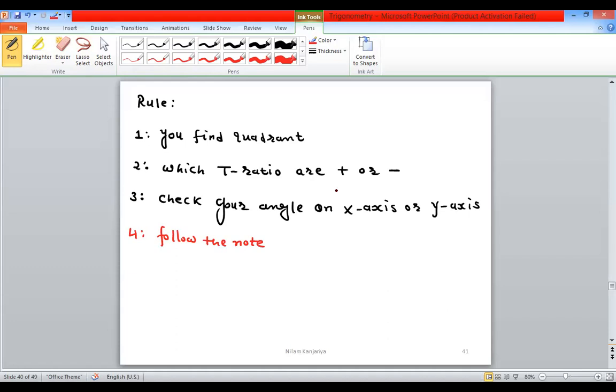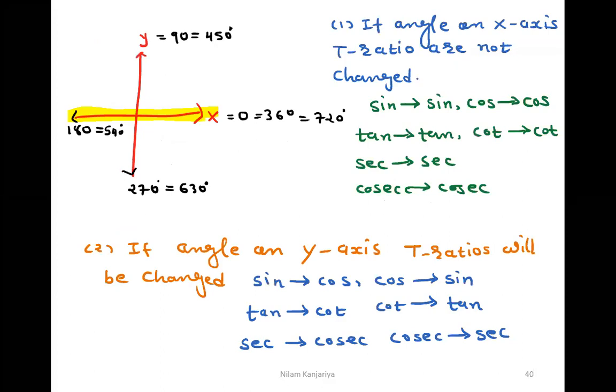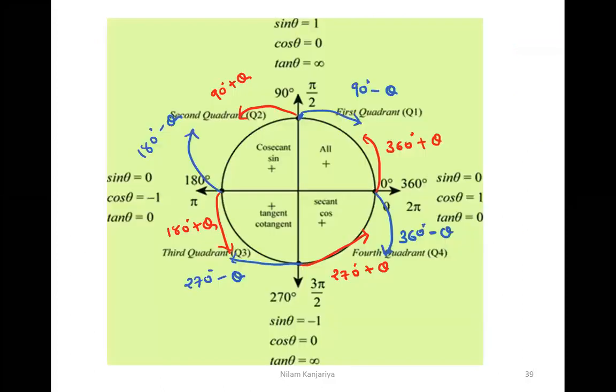The note says if your angle is on the x-axis, there is no change. If your angle is on the y-axis, you convert sine to cos and cos to sine. So this example is really very small, but it takes many things with it. First of all, this is your circle. First, decide where your angle is. Decide the quadrant.